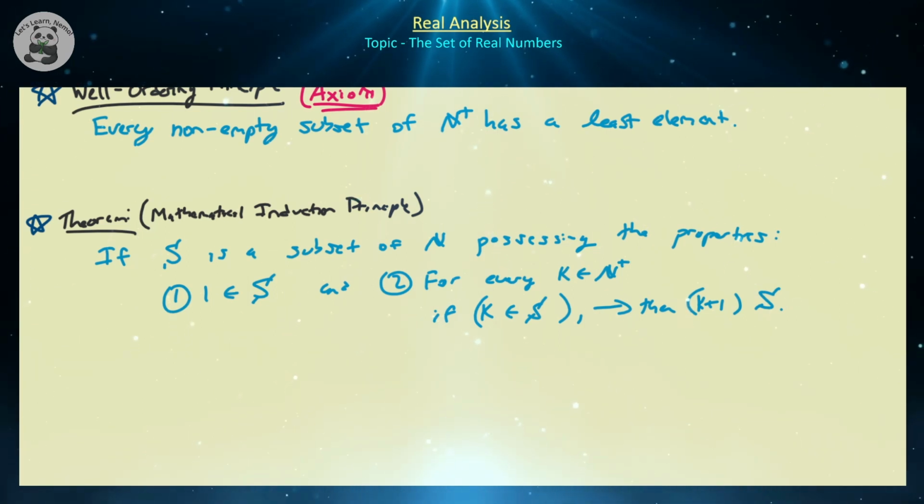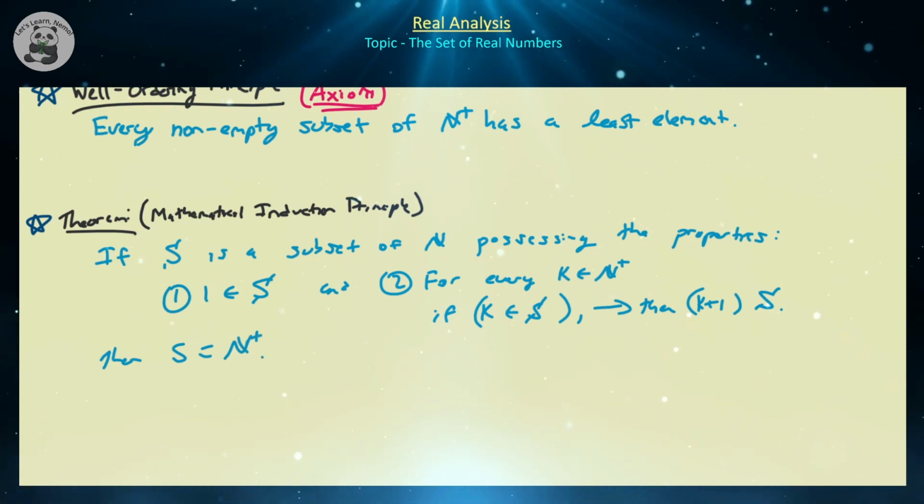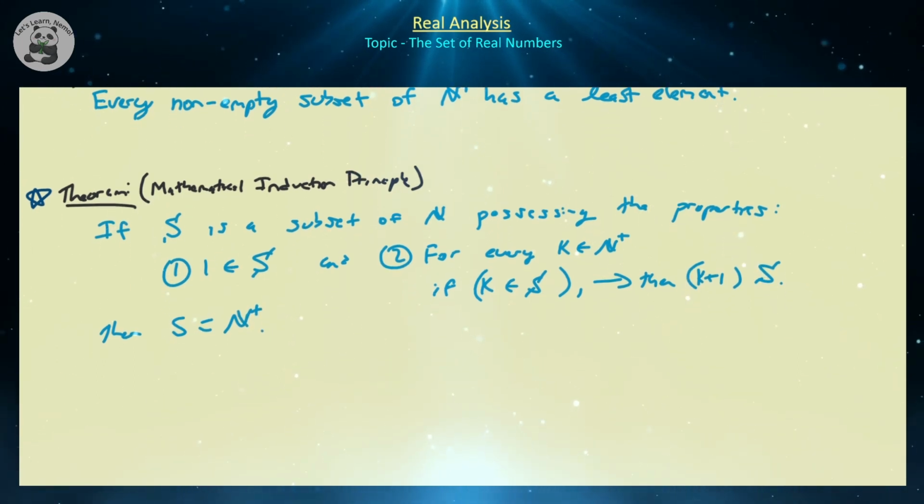So if both of these properties are true for this set S, then S and the set of natural positive numbers are exactly equal to each other.